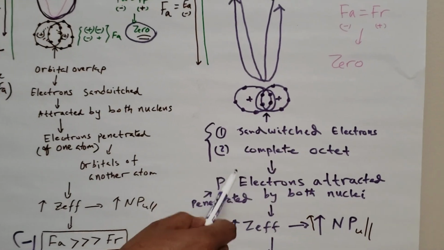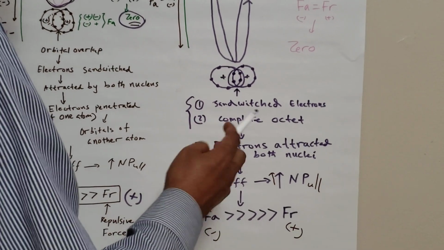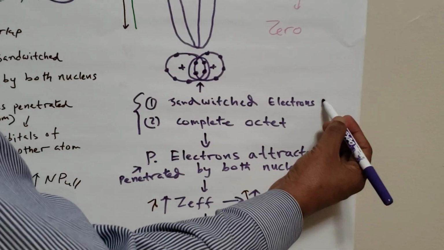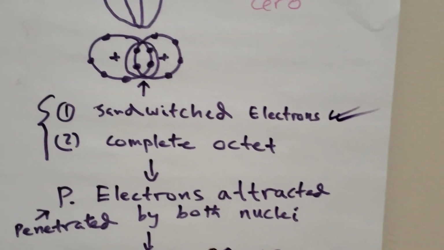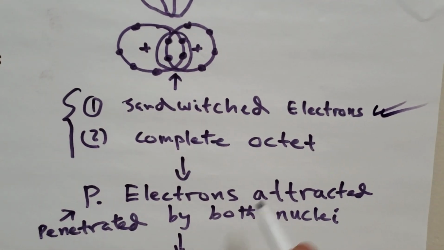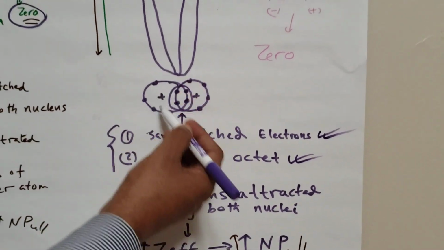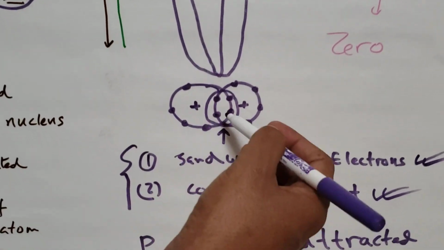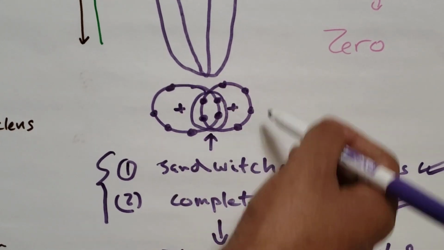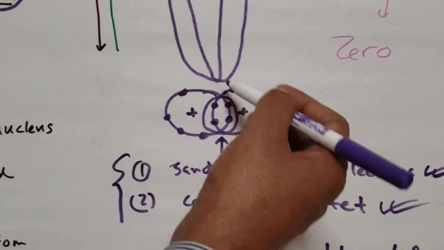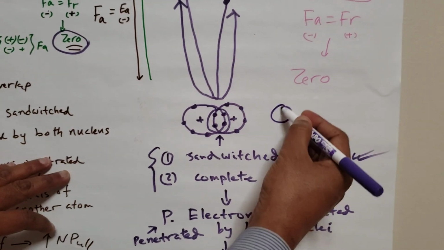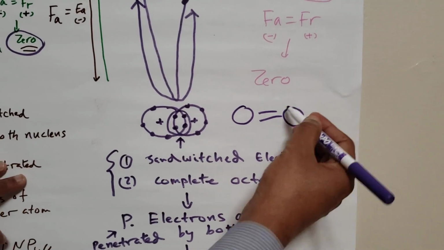In the case of oxygen, you have to consider two things. Number one is your sandwich electrons, and number two is a complete octet. When one oxygen atom shares with another oxygen atom, there is sharing, and this is actually oxygen-oxygen covalent bonding.